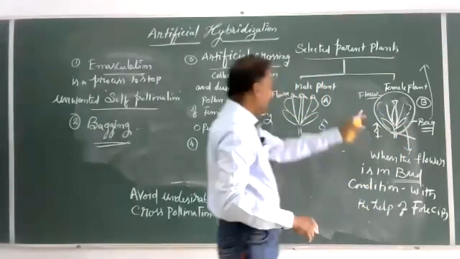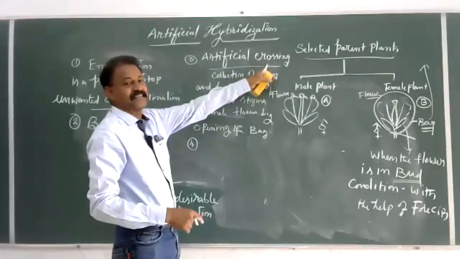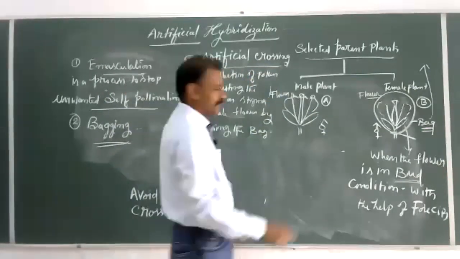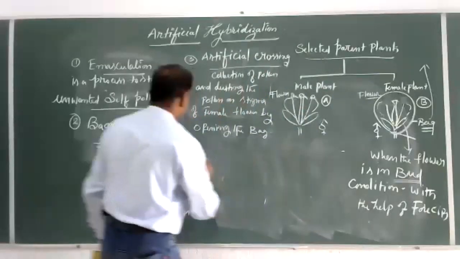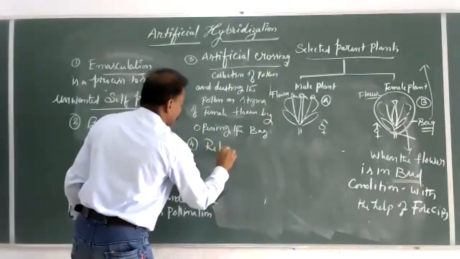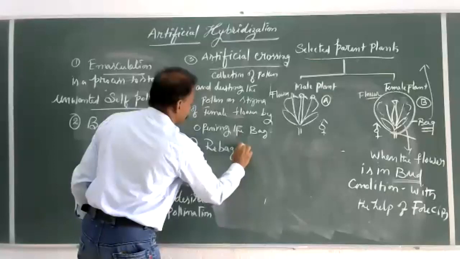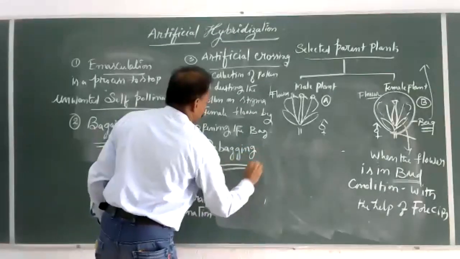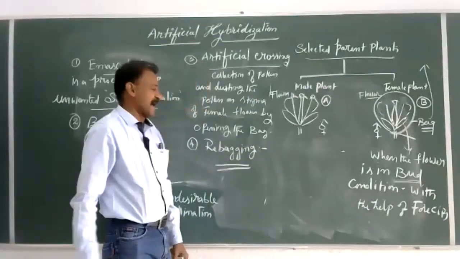So, after artificial crossing, rebagging. Fourth step. What is rebagging?